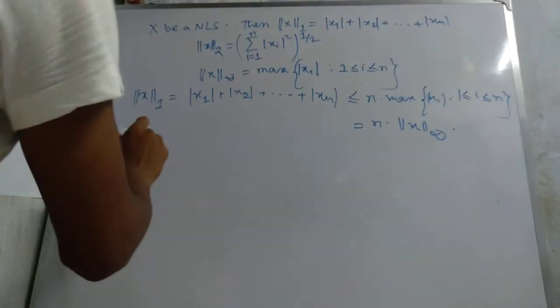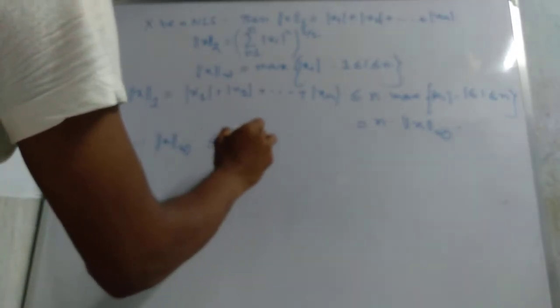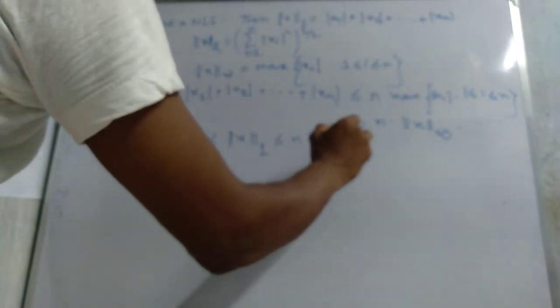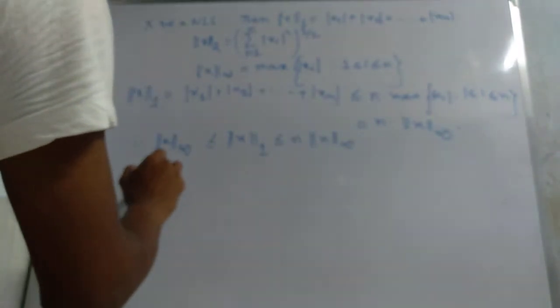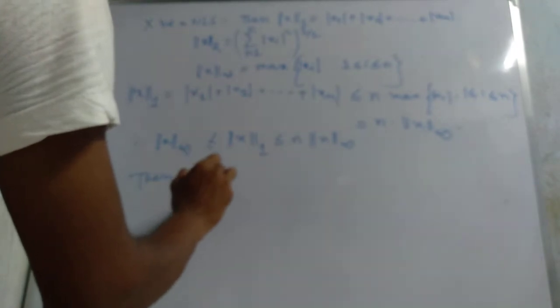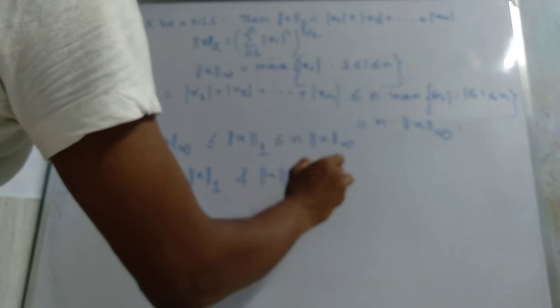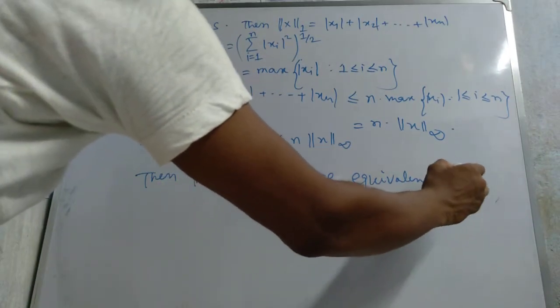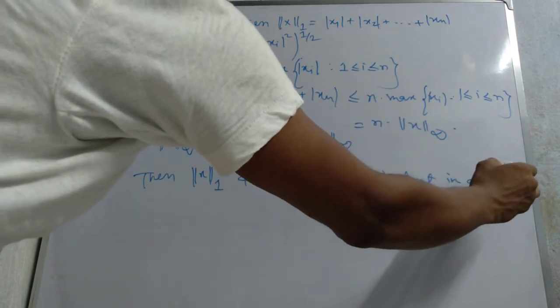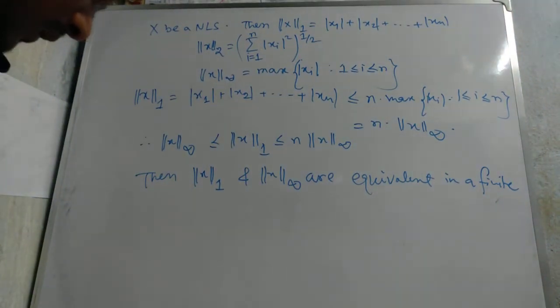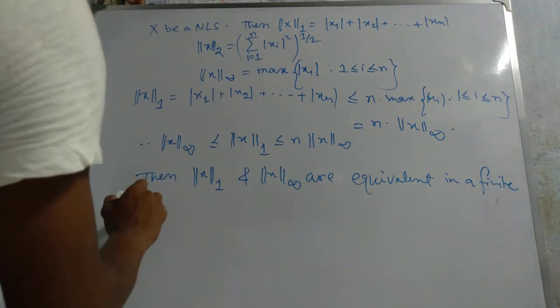And obviously norm x infinity is less than or equal to norm x1 less than or equal to n norm x infinity. Then norm x1 and norm x infinity are equivalent in a finite dimensional normed space.